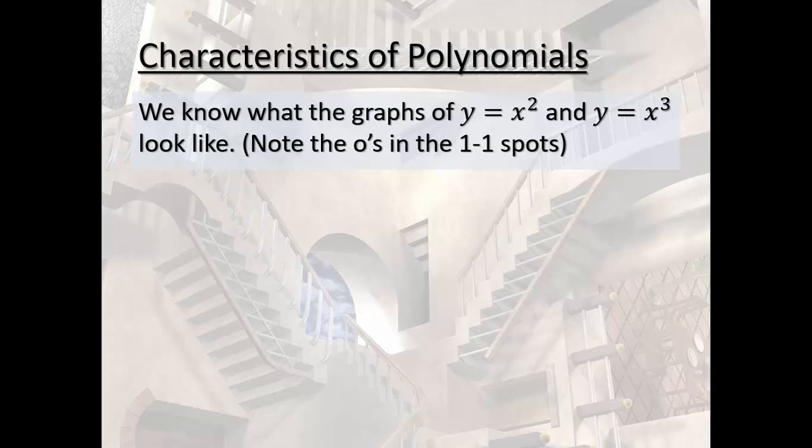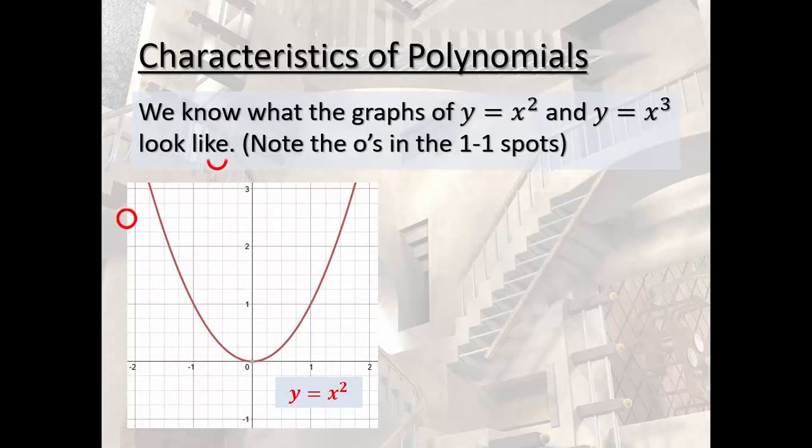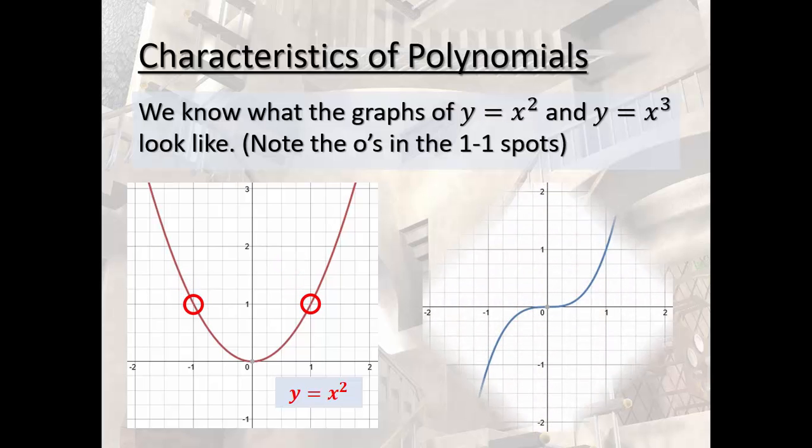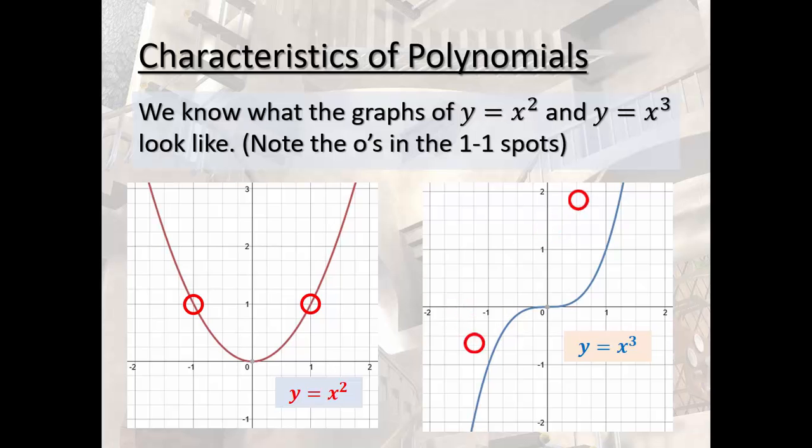Okay, so we already know what the graph of y equals x squared looks like and the graph of y equals x to the third. They happen to look like this. And I want you to pay attention to all those 1, 1 spots that I talked about.